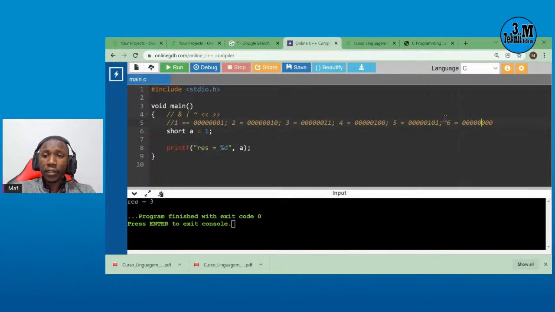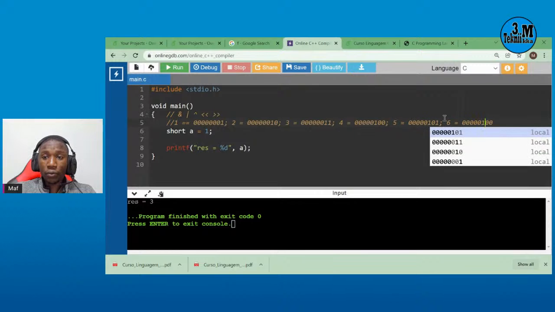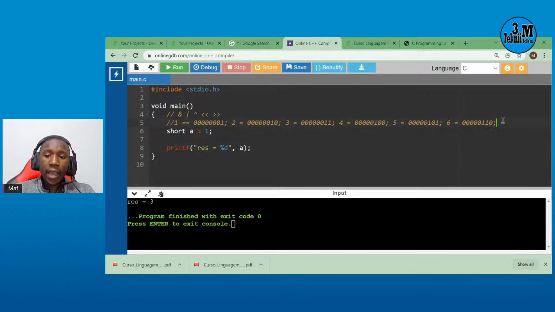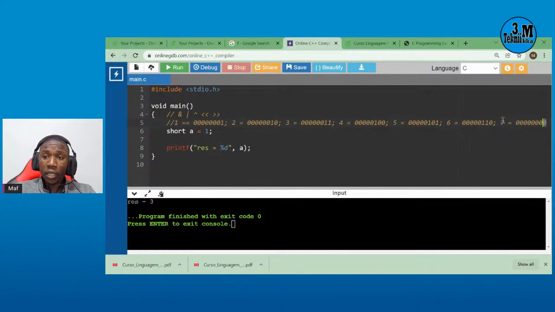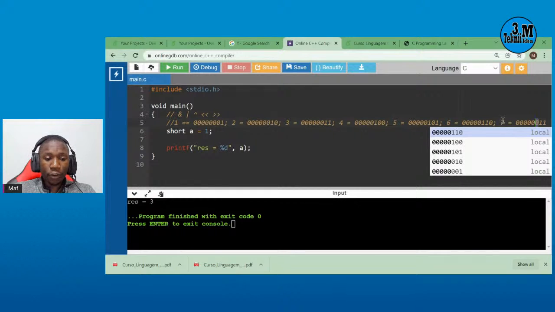We only need 4 plus 2, which is 6. Okay. And then last but not least, let's try with 7, which is 1, 2, 3, 4, 5, 6, 7, 8. We have 1. This is 2. And this is 4. We have 7. Okay.